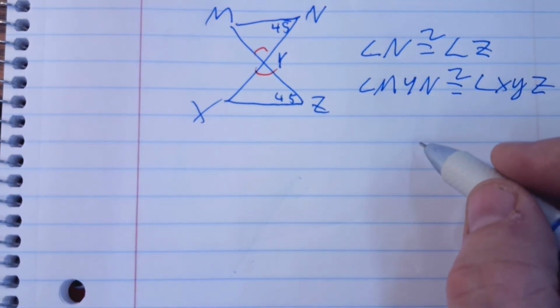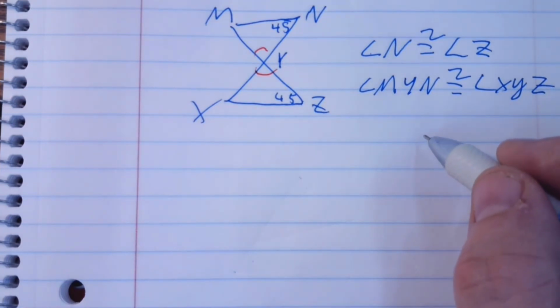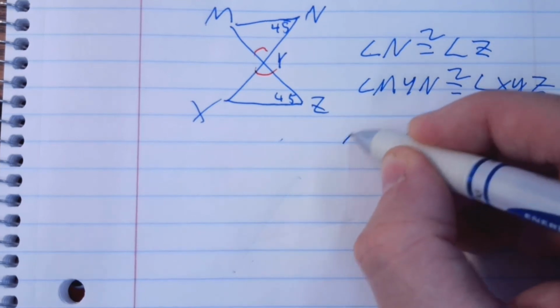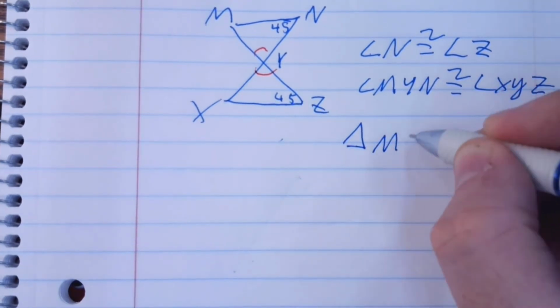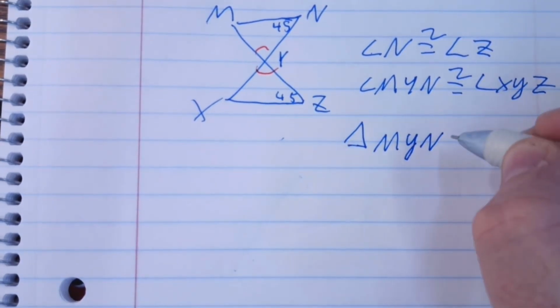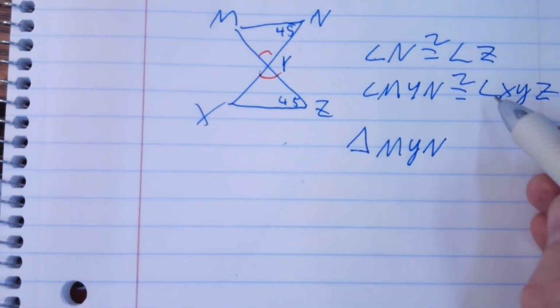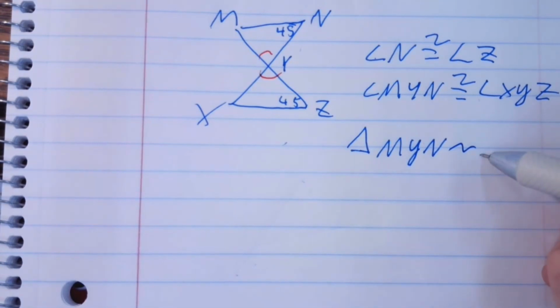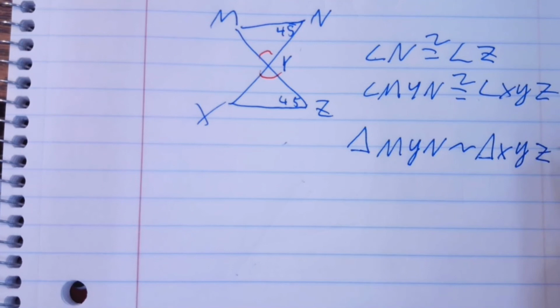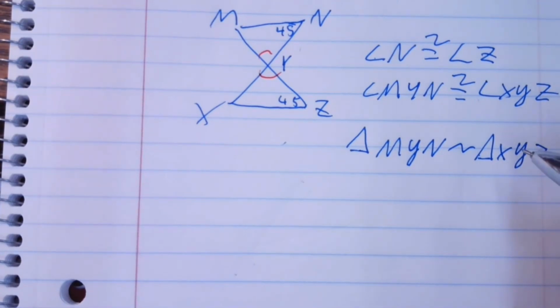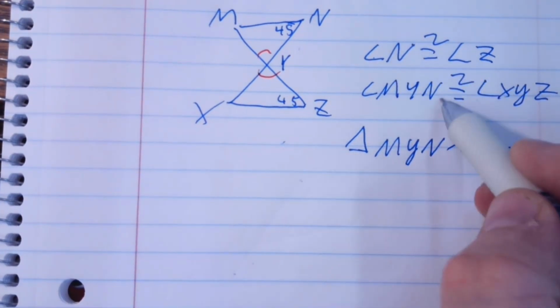It doesn't say this, but it wants me to do a statement like this. Triangle MYN, which is not really alphabetical order, but I see what they're doing. You can do it alphabetical, and then that's going to equal XYZ. Okay, does that make sense? So this is all I need to prove that.